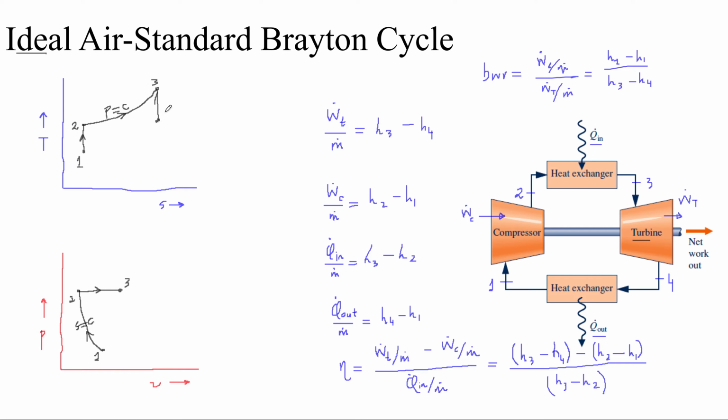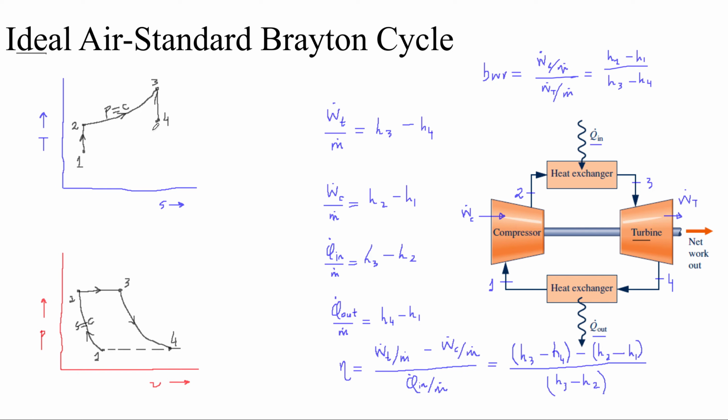So this is process 3 to 4 on the TS diagram, and 3 to 4 on the PV diagram is going to be on the constant entropy line. And because expansion is taking place, the specific volume has to be increasing. So let me just indicate this as the horizontal line. So 3 to 4 should be coming down, let's say, onto this line somewhere here. So this is our process 3 to 4 on the PV diagram.